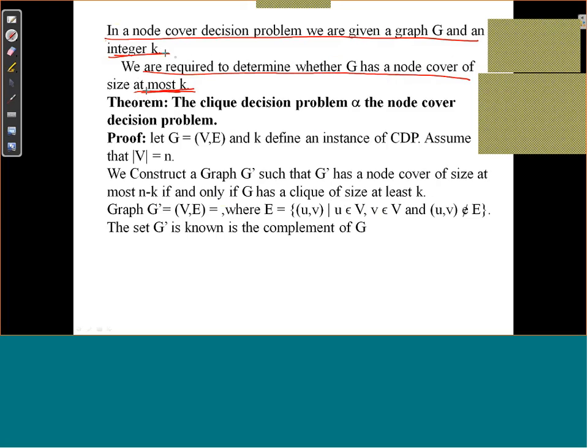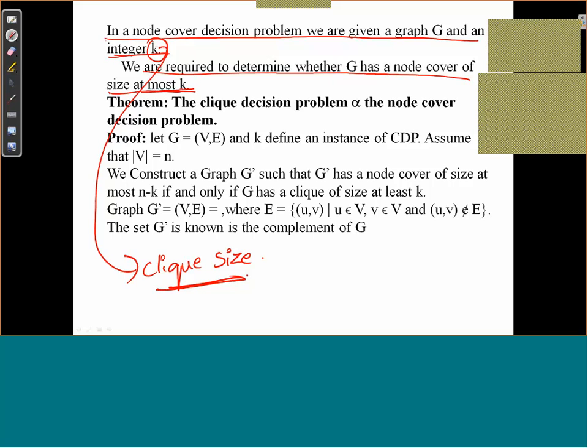K is nothing but the clique size. So in the node cover decision problem, we'll be given a graph and integer K, and we have to check whether the graph G has node cover of size at most K or not.